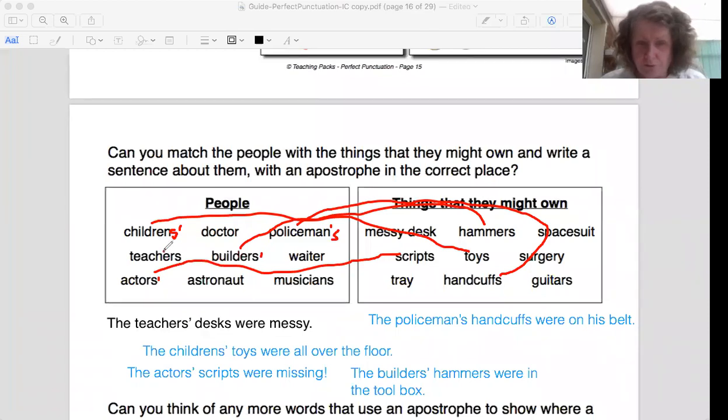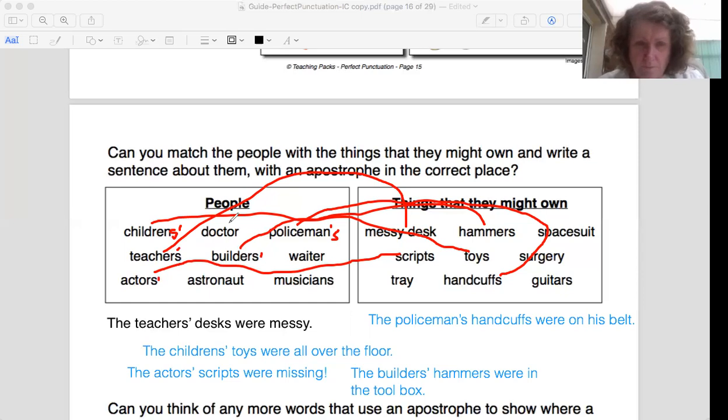The teacher's, I'm going to say messy desk. Just suppose it's only one teacher. So I'll put the apostrophe there. The teacher's messy desk. So a sentence I might say is, the teacher's messy desk was at the front of the classroom.